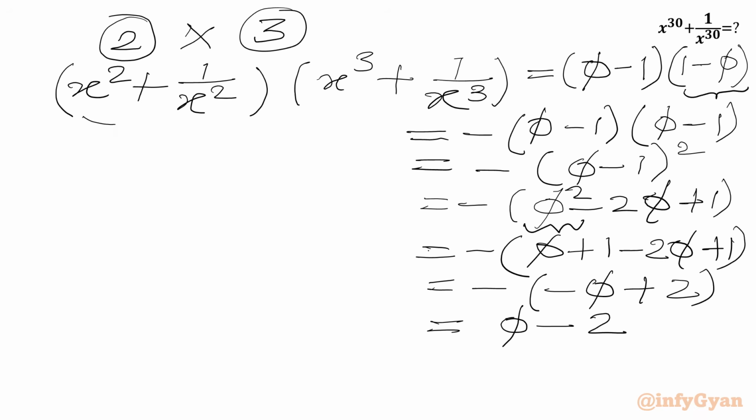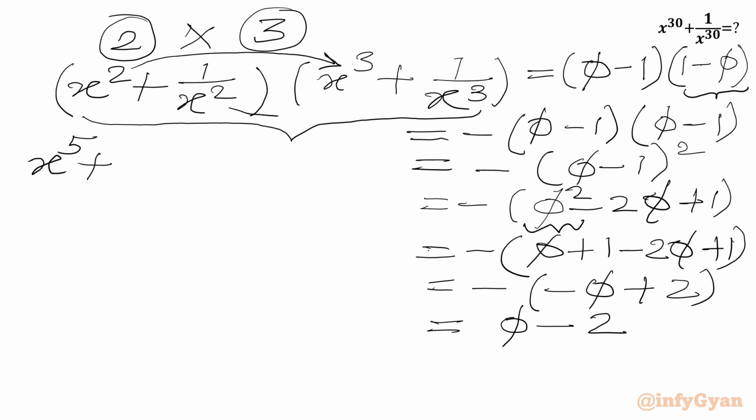Now we have to simplify our left hand side. We will multiply x² with x³. We will write here x⁵ plus, we will multiply 1/x² with 1/x³. We can write 1/x⁵.